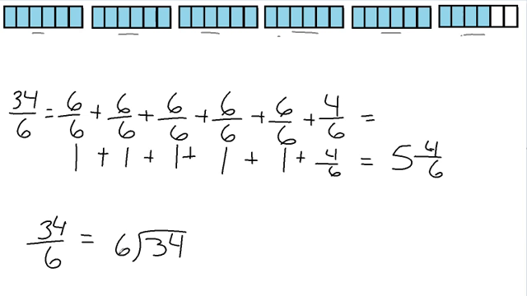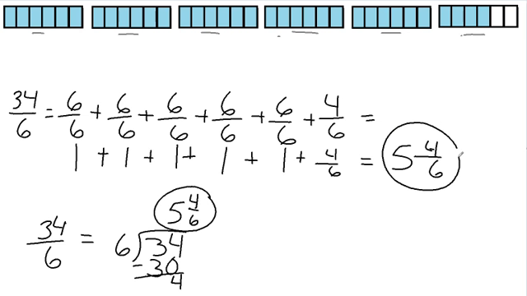And so 34 divided by 6, well, 5 times 6 is 30. And I have 4 left over, so my answer must be 5 and 4/6. So there you see it as 3 different ways to change an improper fraction to a mixed number.